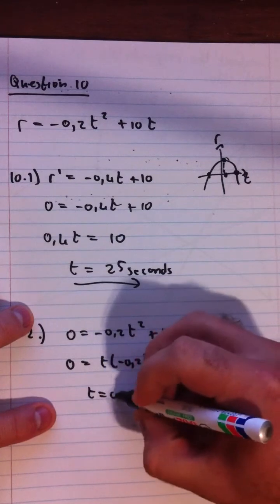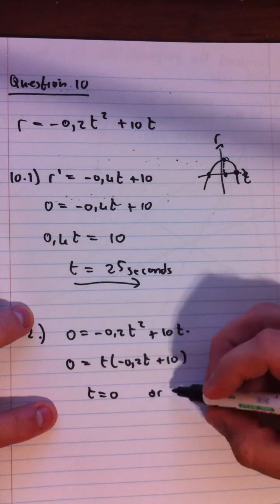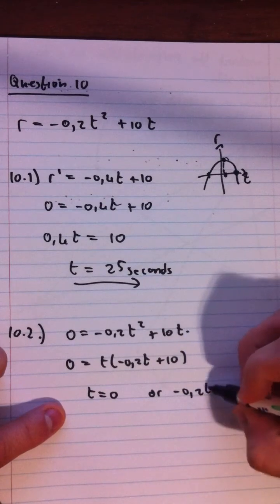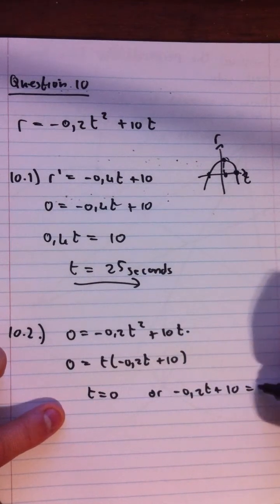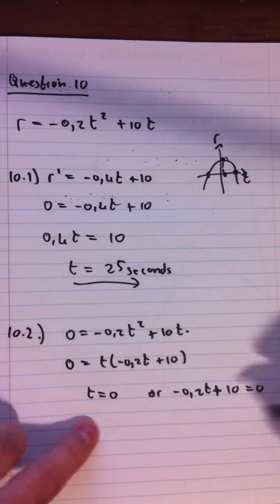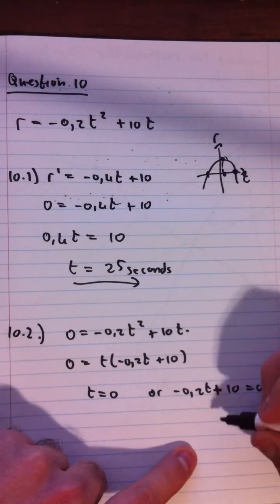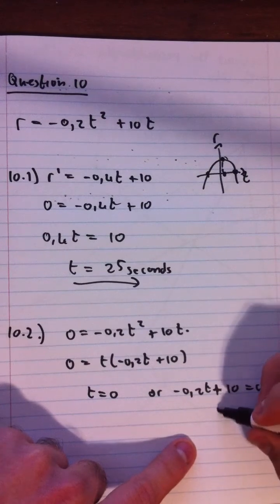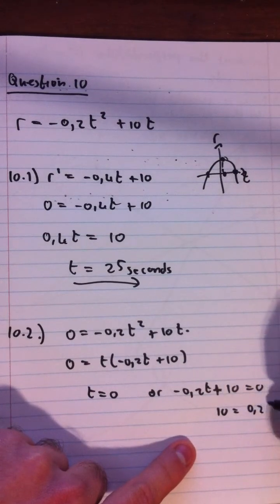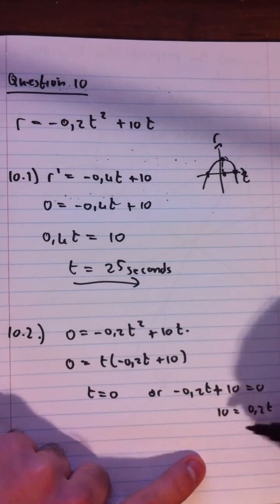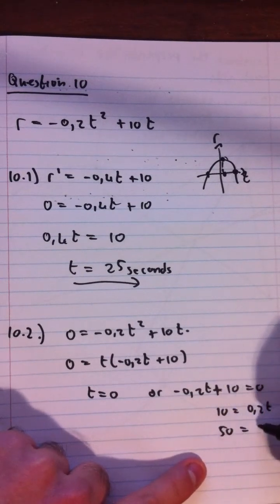So t equals 0, or negative 0.2t plus 10 equals 0. In this case t equals 0, and over here if we solve for t we get that 10 equals 0.2t, divide both sides by 0.2, and we're left with 50 equals t.